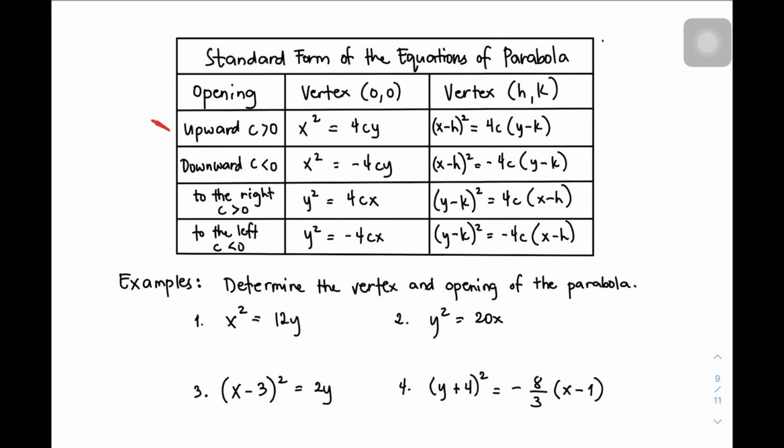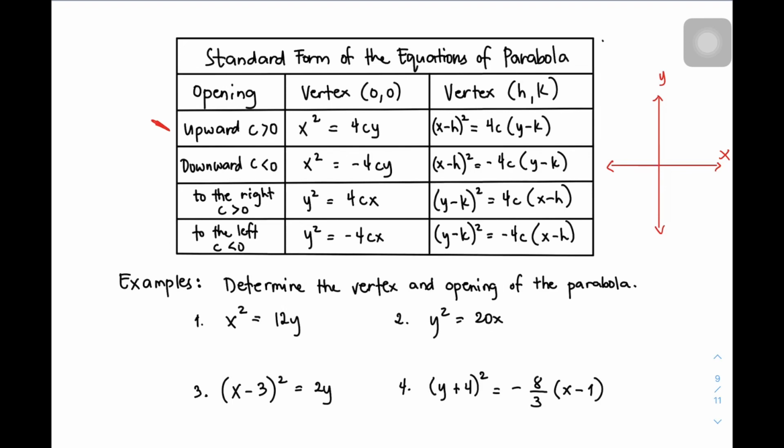If the parabola opens upward, as for example, I have here a Cartesian plane. Let me draw a Cartesian plane. This is your x-axis and this is your y-axis. So what we're saying is the parabola opens upward at yung kanyang vertex is at 0, 0. Ibig sabihin yan, parang ganito yung tsura niya.